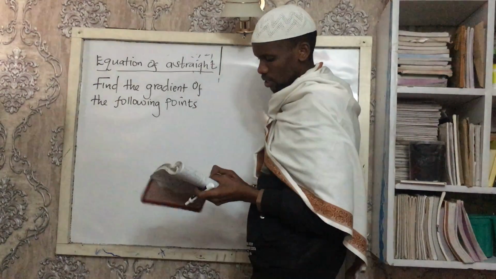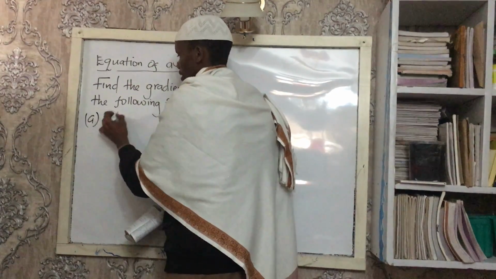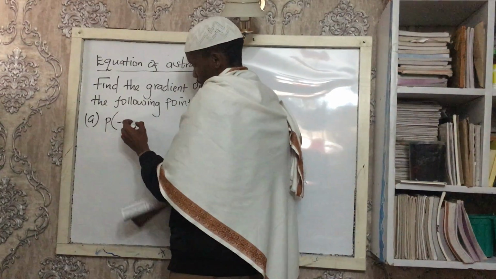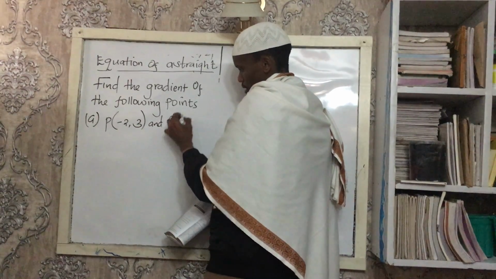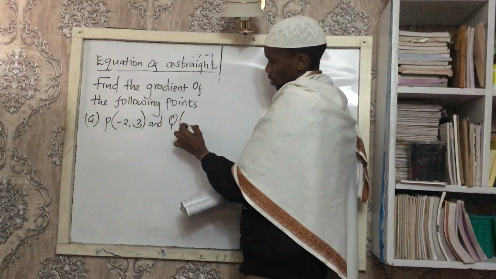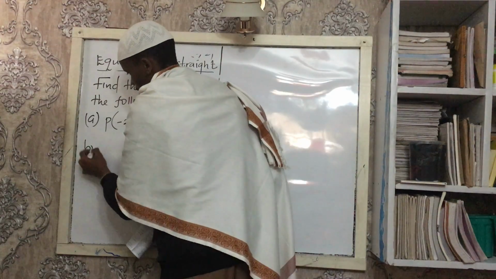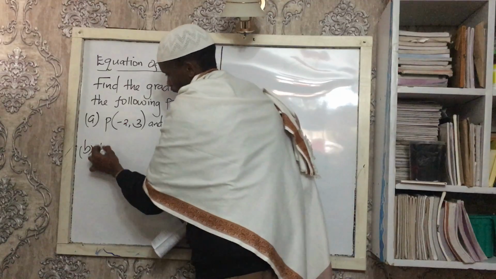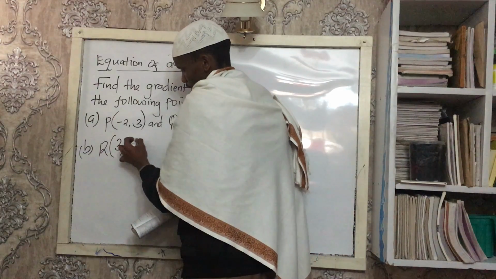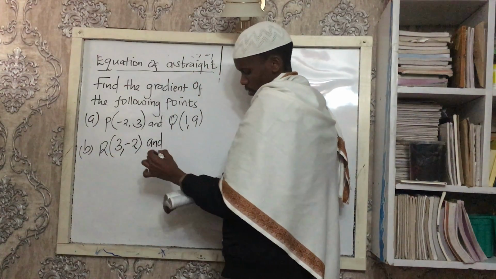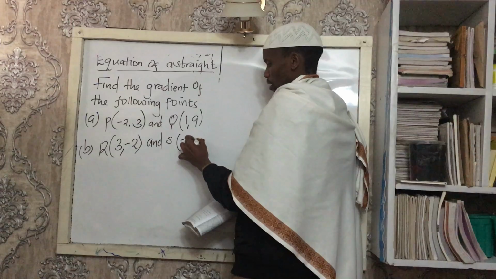The first point is P, that is minus 2, 3. The other point Q is 1, 9. R is 3, minus 2, and S is minus 1, 10.